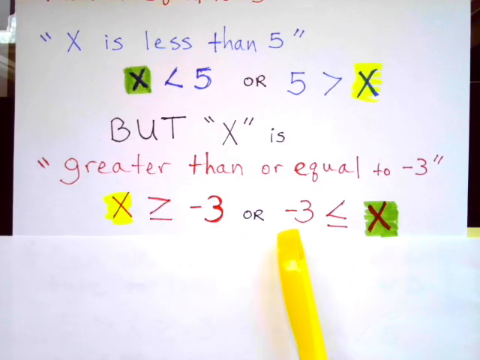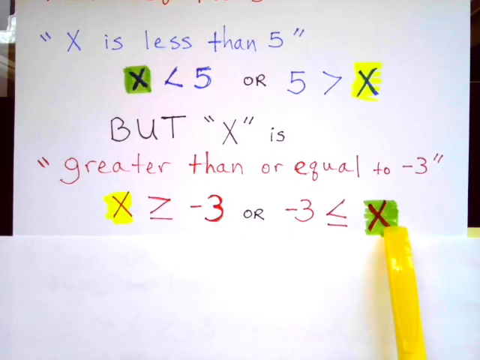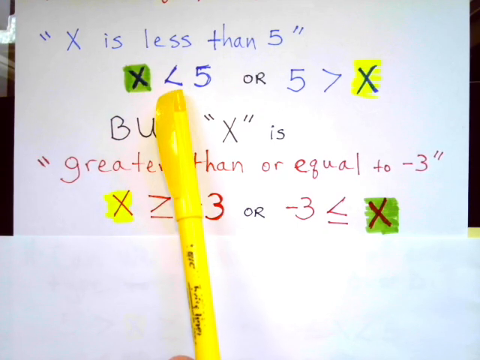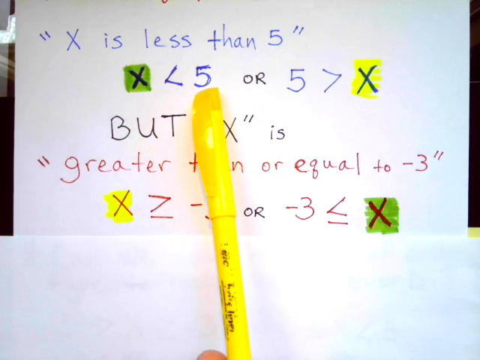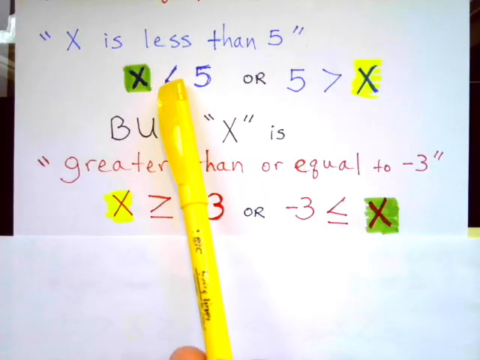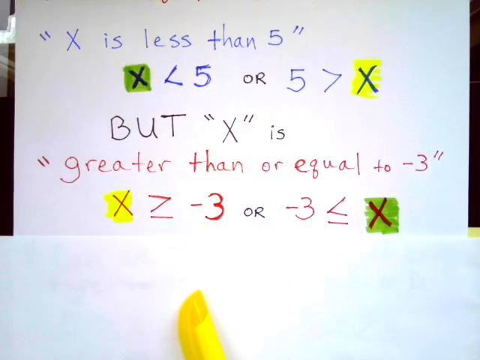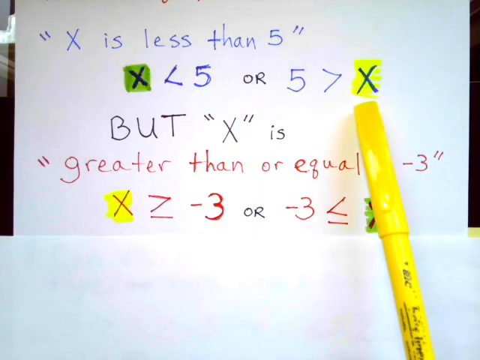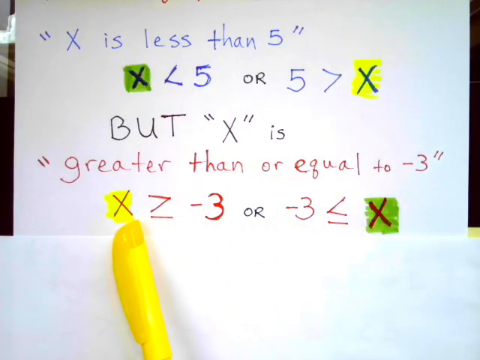Watch out. All right. Negative 3 is less than or equal to x, and put that over the x, and then say less than 5. That's one way of saying negative 3 is less than or equal to x, but x is less than 5. Or take this x value here that's highlighted in yellow and place it over this x value.